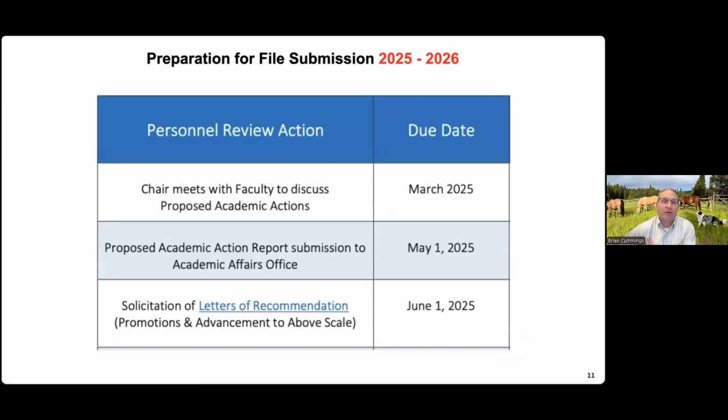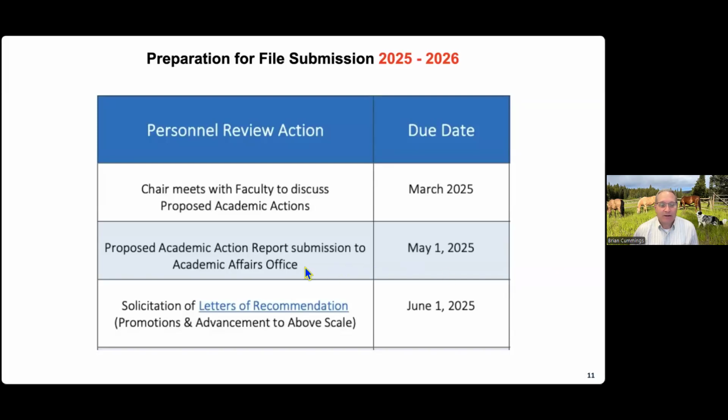Okay, and for the analysts that are in the audience and for faculty who are thinking I'm going up for a merit or promotion this year, these are the firm deadlines. You should know these. For 2025 you should be meeting in March, maybe as late as April, but March you should be meeting with your chair and talking about the proposed actions coming up for this year.